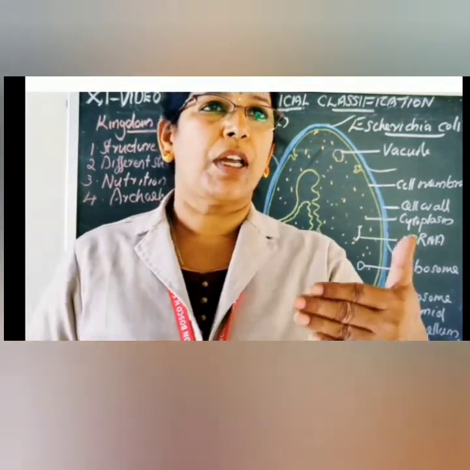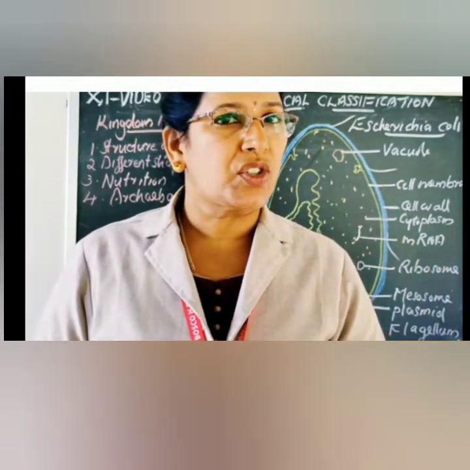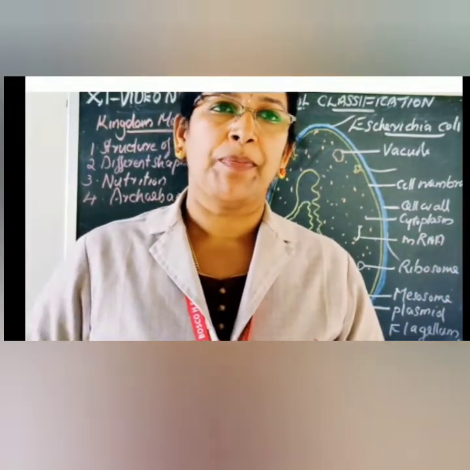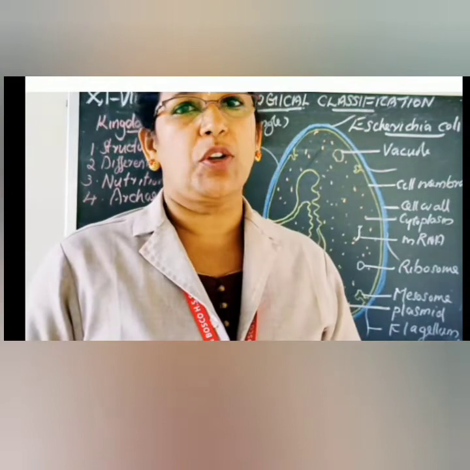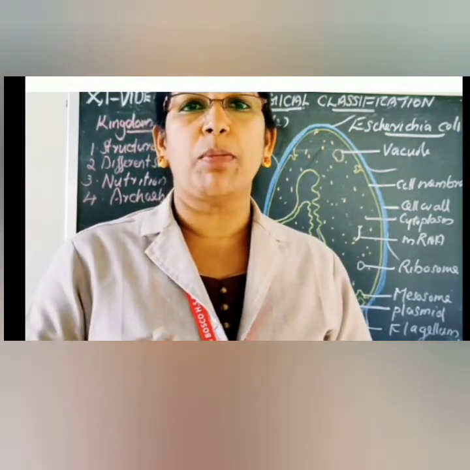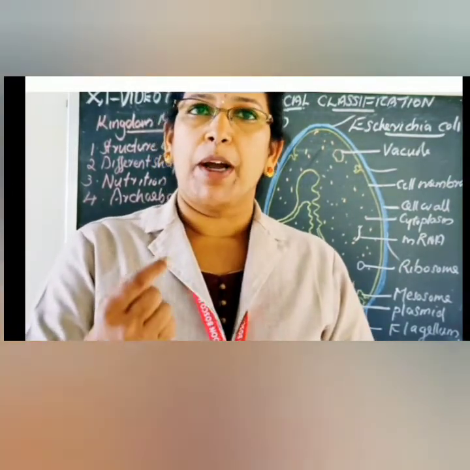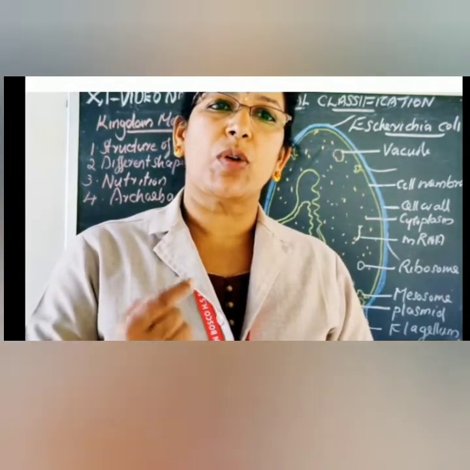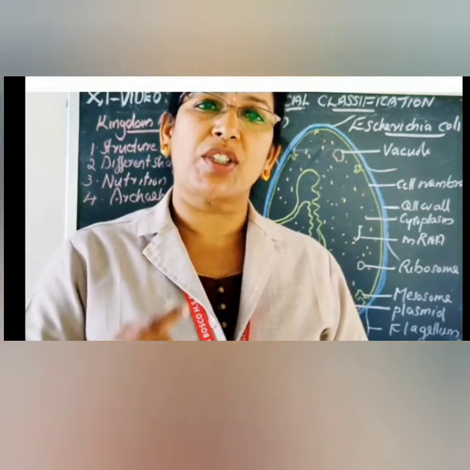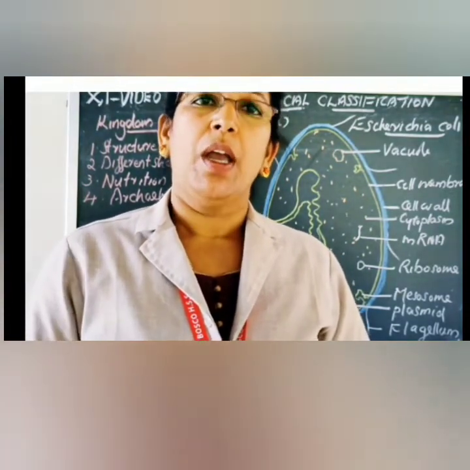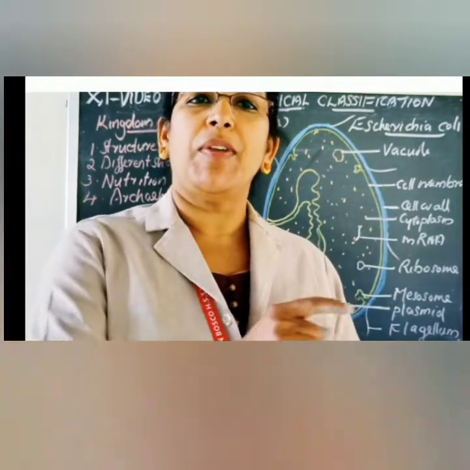For that portion also I need the structure of bacteria. Again, next year you will study in detail about biotechnology. In biotechnological experiments also, this bacteria structure is very important. In the record also you want to draw this diagram. That is why I am giving this diagram.